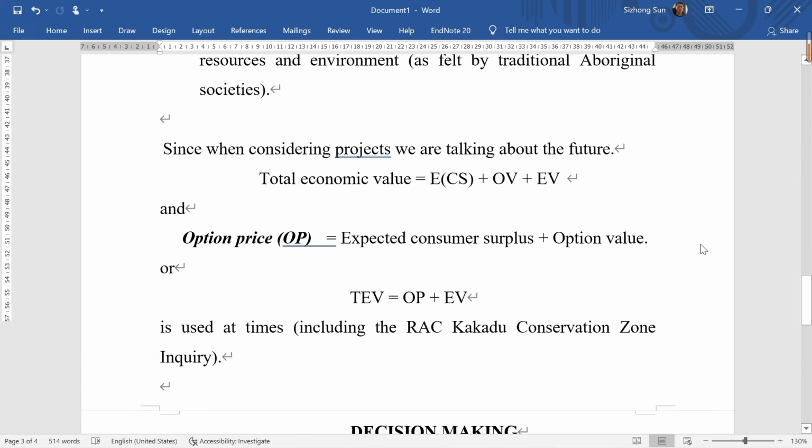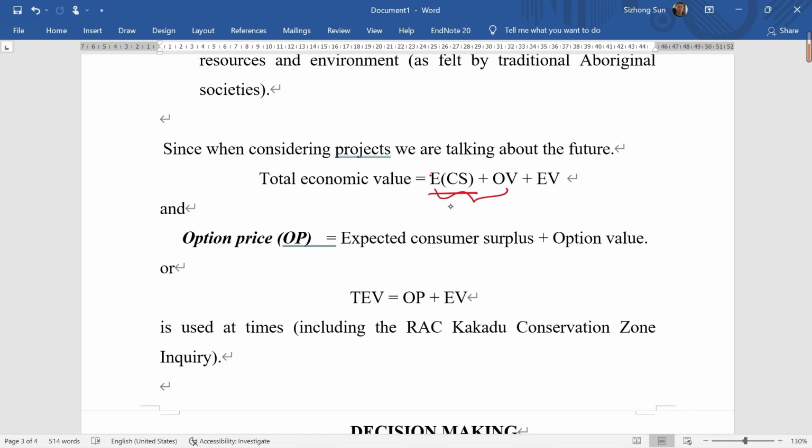So when we are assessing projects, we are actually talking about futures. So now the total economic value will be expected consumer surplus plus option value and existing values. So we can combine these two terms.